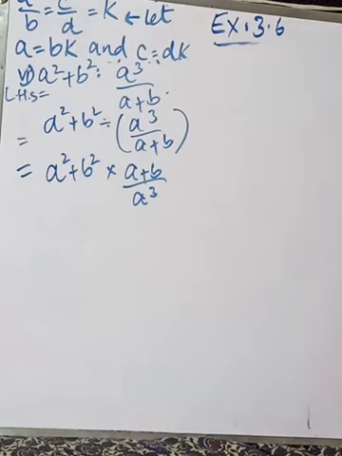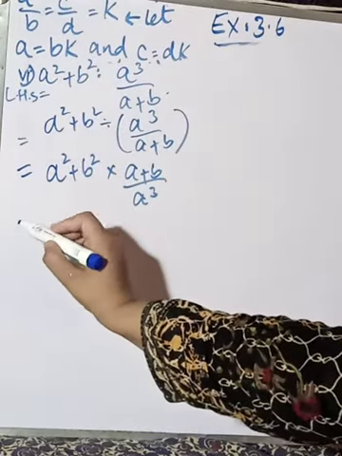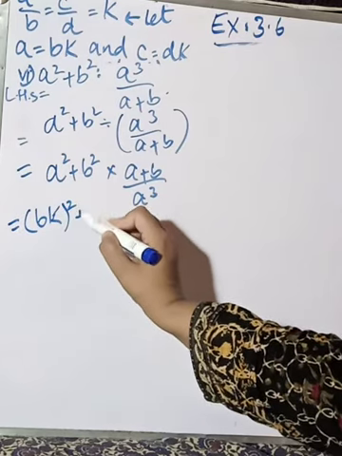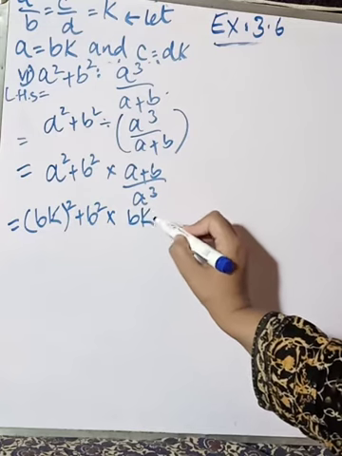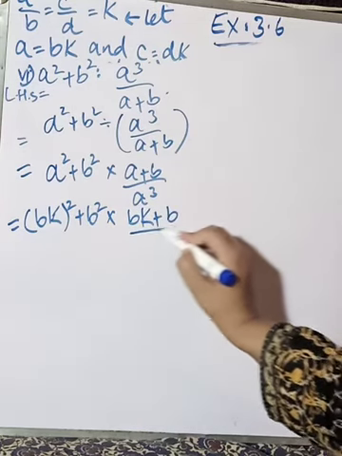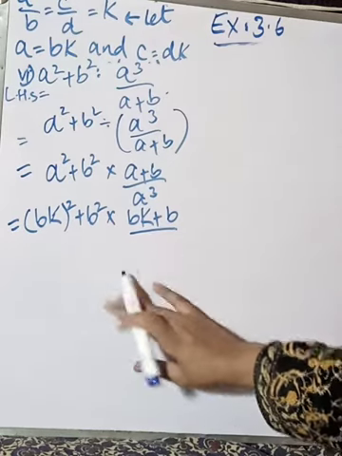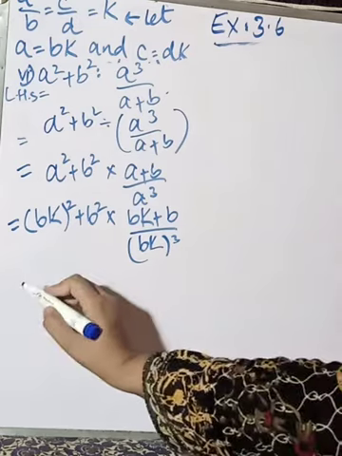Okay, so first of all what we need to calculate, we are going to put the value for a. We have this is bk whole square plus b square multiplied by a is bk plus b divided by a cube. Okay, and the a we have is bk whole cube.